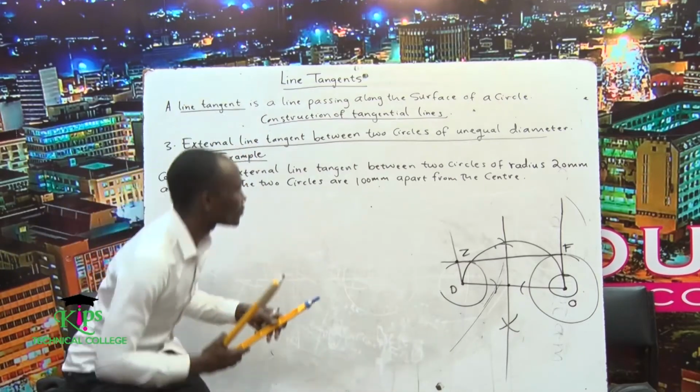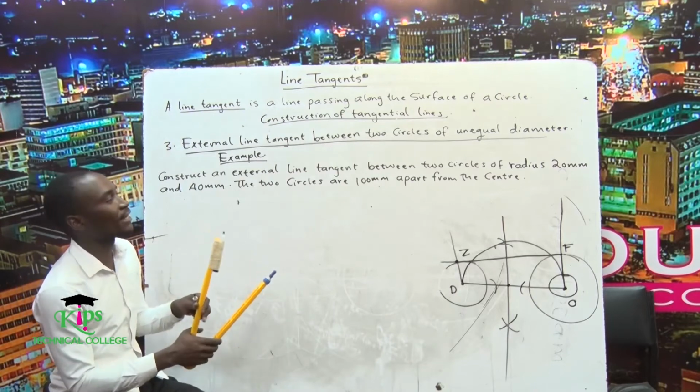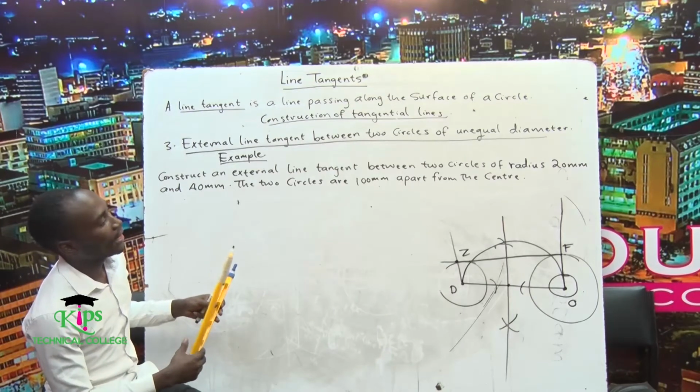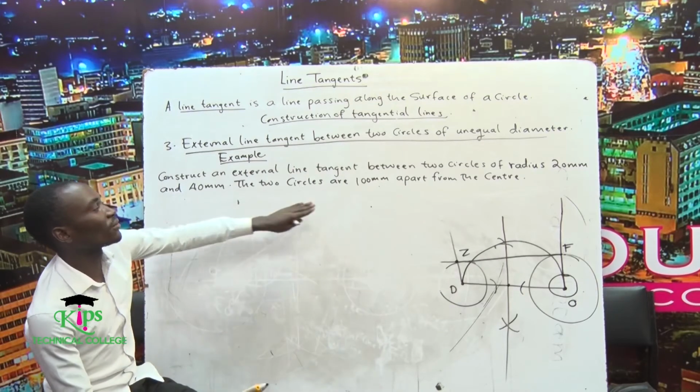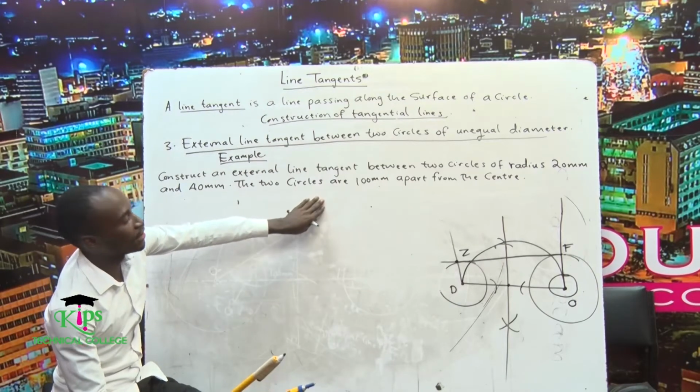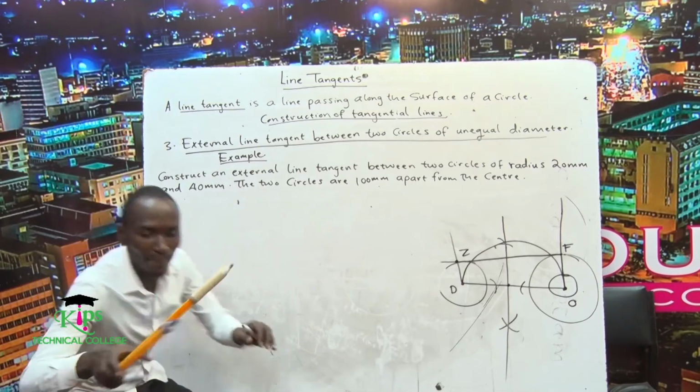So you have been told to construct two circles of radius 20 millimeters and 40 millimeters. The two circles are 100 millimeters apart.